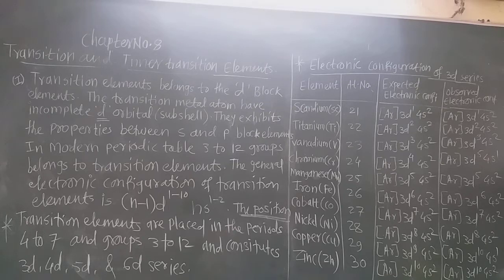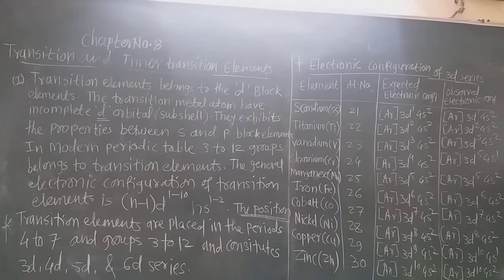Transition elements have the electronic configuration n-1 d 1 to 9 only and ns 1 or 2. But the electronic configuration of the D block element is n-1 d 1 to 10 and ns 2. Here they give us the general electronic configuration of transition elements as n-1 d 1 to 10 and ns 1 to 2.